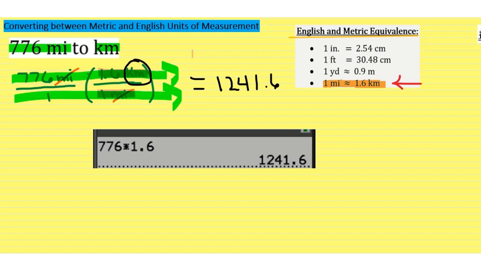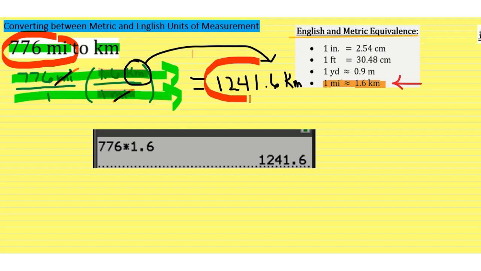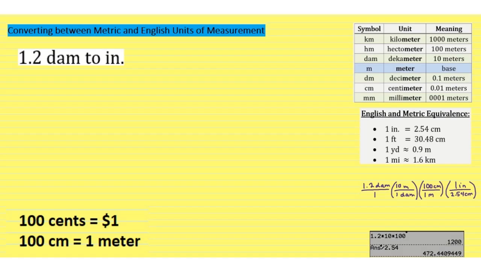That's the only units that are left. My miles canceled out, so I'm left with kilometers. So 776 miles is equal to 1,241.6 kilometers.